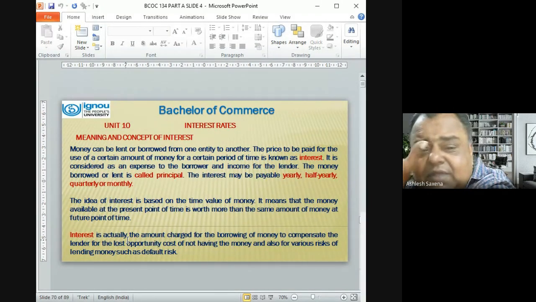Money can be lent or borrowed from one entity to another. The price to be paid for the use of a certain amount of money for a certain period of time is known as interest. It is considered an expense to the borrower and income for the lender.